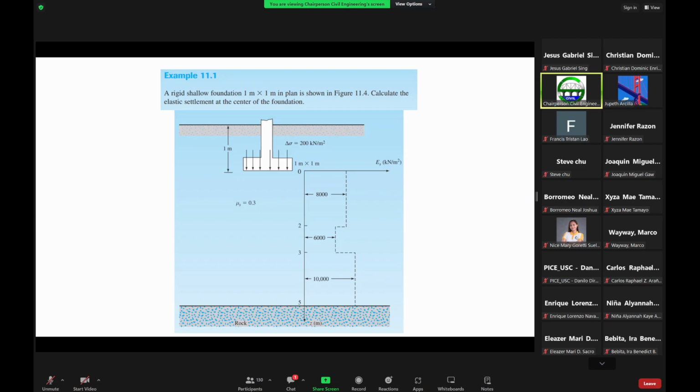The depth from the bottom of the foundation down to the competent material, which is the rock layer, is about 5 meters, which is also the same as 5B, 5 times the width of the foundation. In this case, your width of the foundation is 1 meter, which is just equal to H.